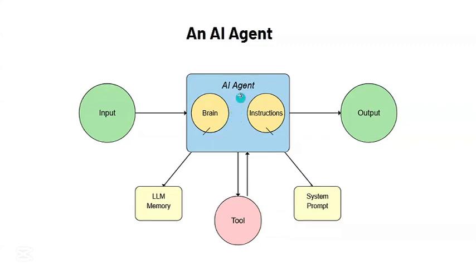Also in ChatGPT, there is memory that we can use. In the same way, in the agent that we are creating, we can define a memory to remember the things that we have already discussed, and using that history, it can continue the conversation.